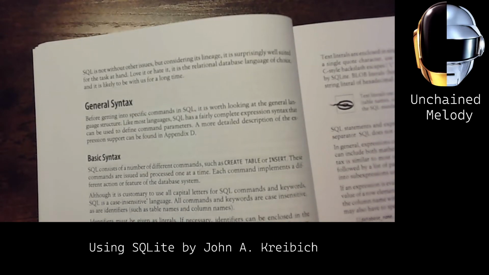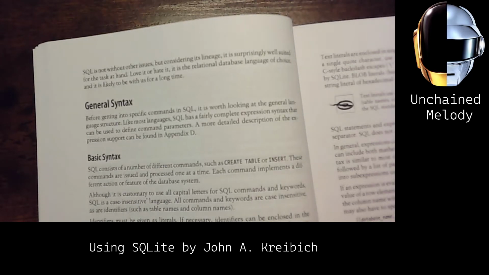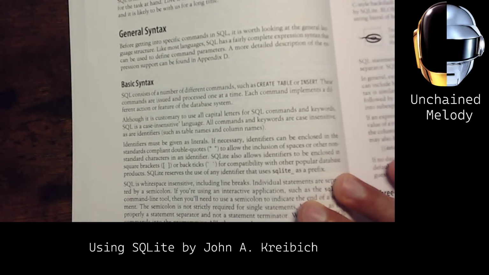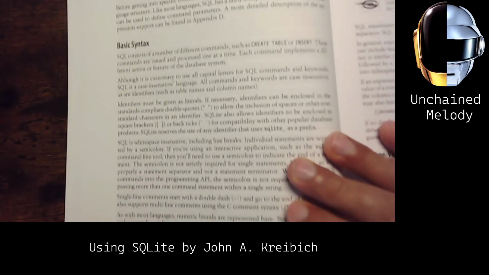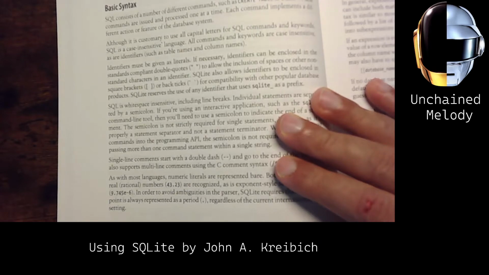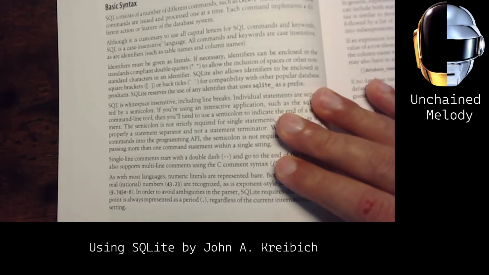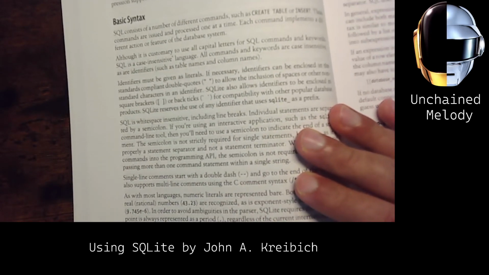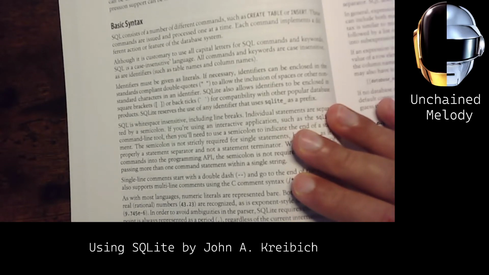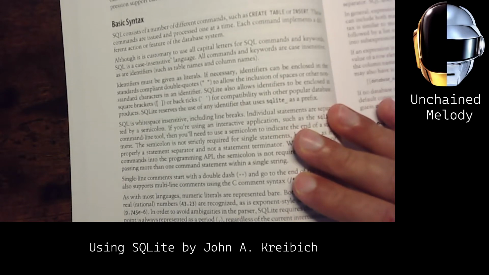Love it or hate it, it is the relational language of choice, and it's likely to be with us for a long time.